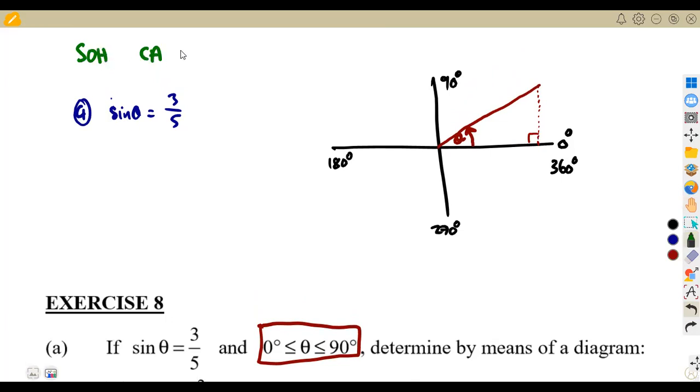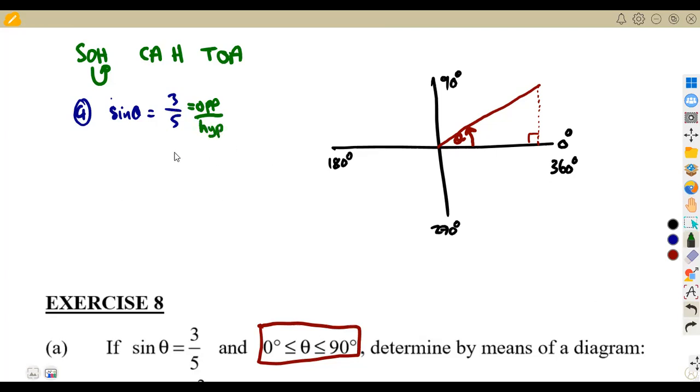From our SOHCAHTOA, the sine of theta is opposite over the hypotenuse. So on this ratio, the 3 that we see represents the opposite, and the 5 represents the hypotenuse in this case.